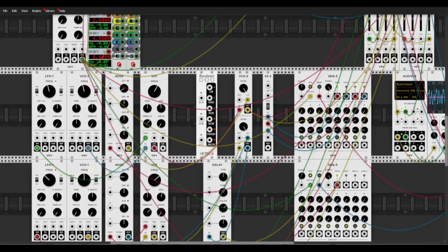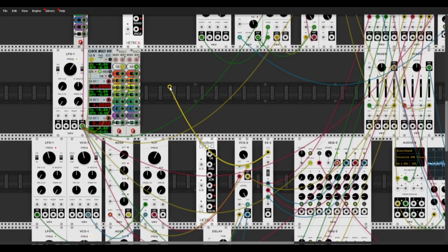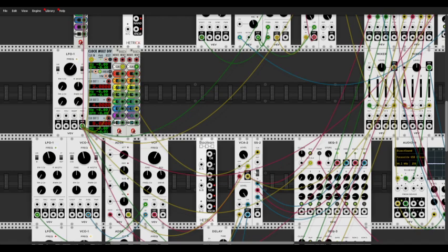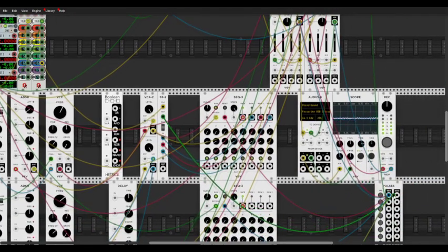Okay, and then we'll just set our clock pulse to happen every, let's do every 16 counts. And our reset trigger to our reset pulse. And we're just going to go ahead and press reset here.